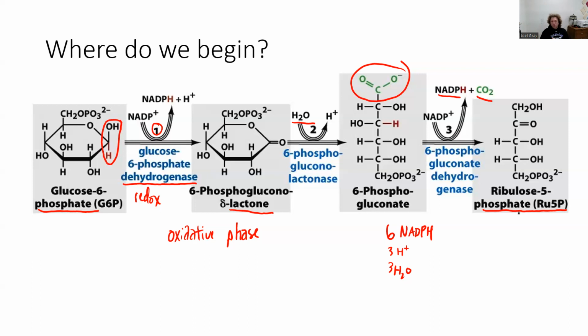And if part of our goal in metabolism is to take a complex molecule and break it down as much as possible, like what we've talked about with taking glucose and breaking it down to pyruvate, I think that's a very good perspective to have. So what we've done is taken 3 6-carbon molecules, and now we've ended up with 3 5-carbon molecules, releasing 3 CO2s in the process. Well, I hope this is helpful, and have a good one.